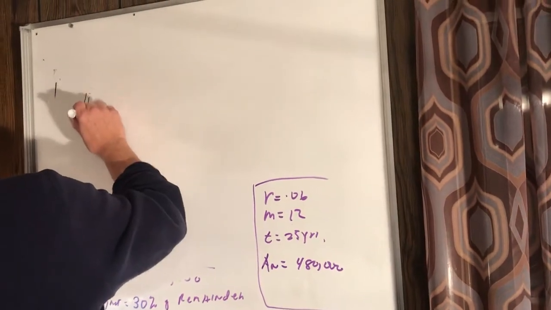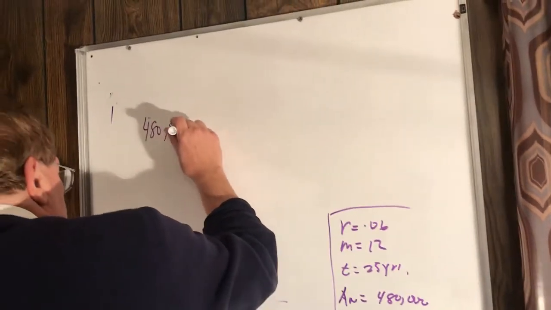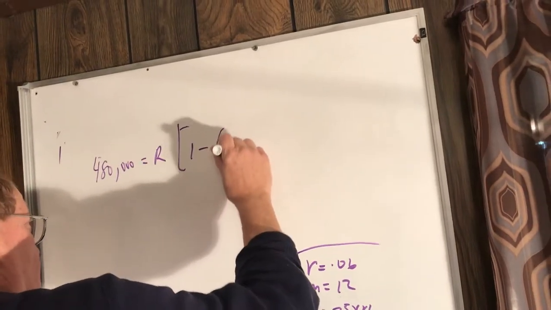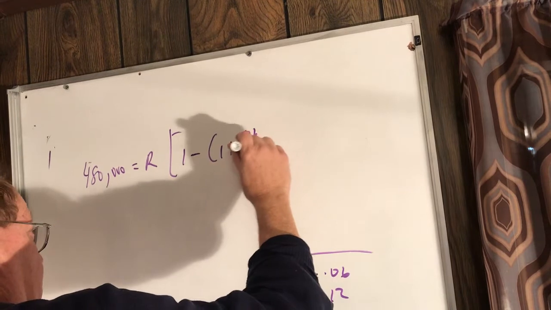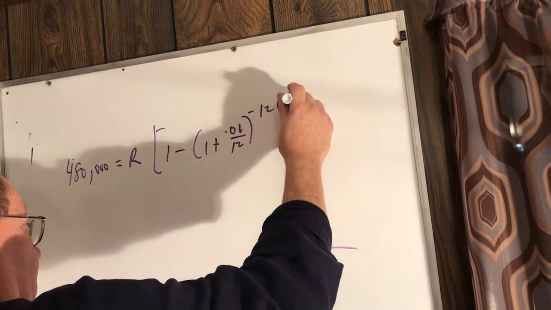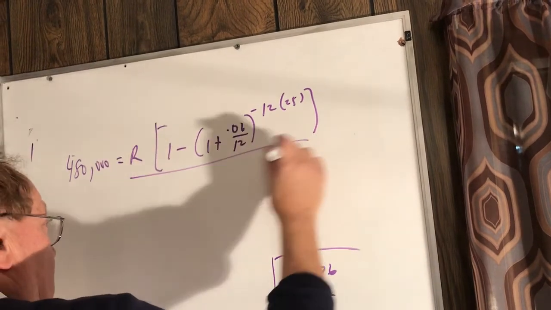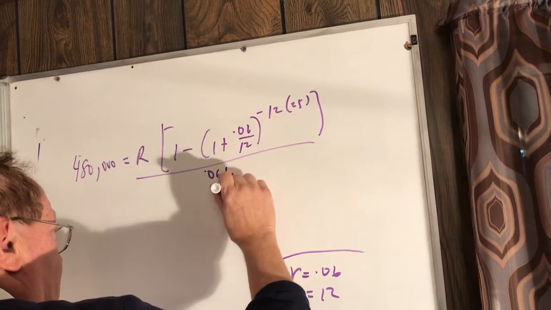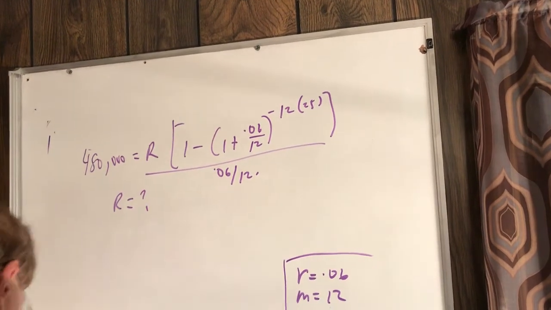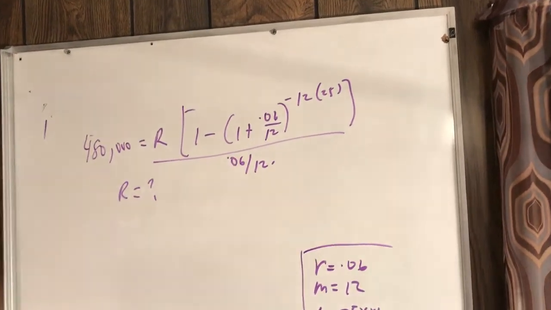So you're going to have $480,000 equals R times 1 minus 1 plus 0.06 over 12 to the minus 12 times 25, over 0.06 over 12. Solve for R. And I'm going to leave it at that because we've done that before.